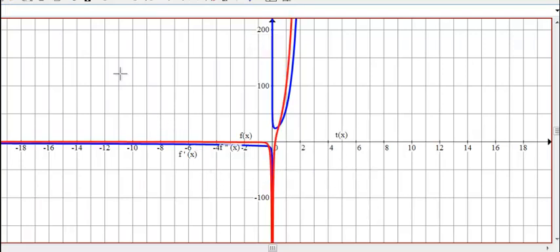Okay. And then we can have the second derivative, y equals 28 e to the power 2x. 2x has got to be in parentheses.